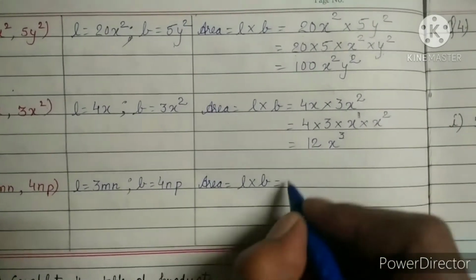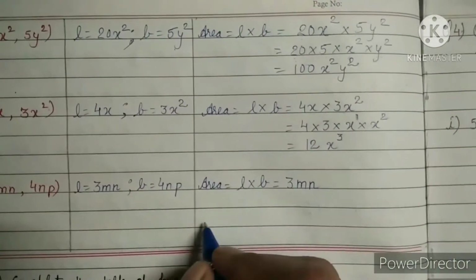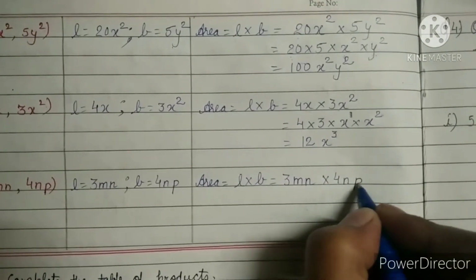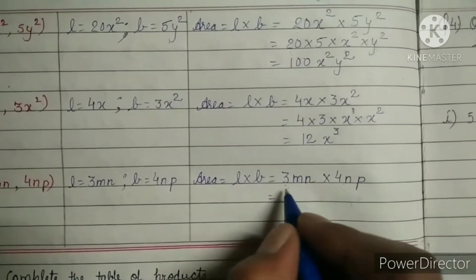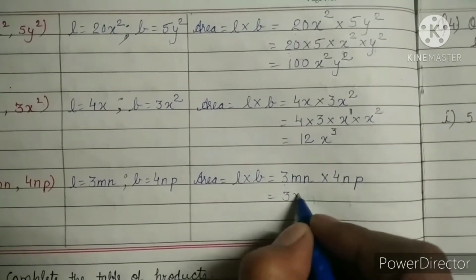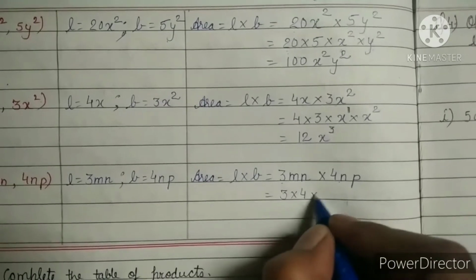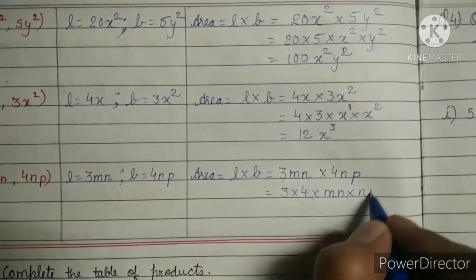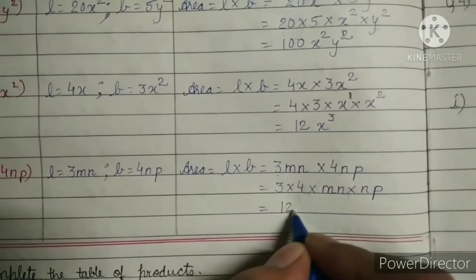Length is 3mn and breadth is 4np. So the numerical coefficients will multiply each other, 3 into 4, and the remaining will multiply each other, m, n and p. So 3 fours are 12.